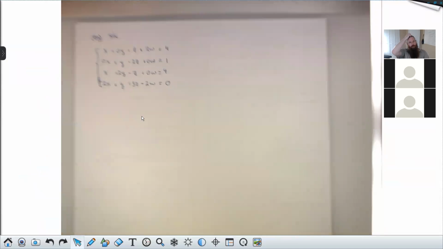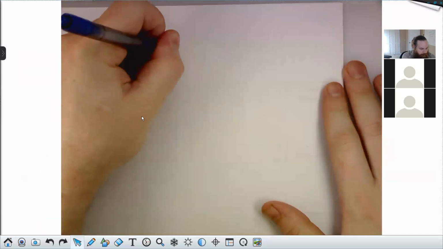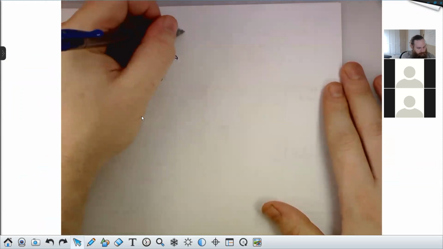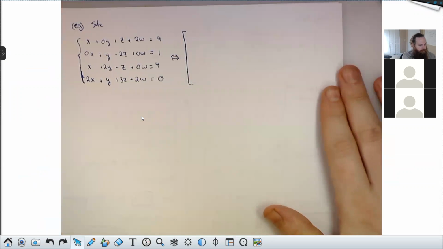And rather than trying to work in system land, I'm going to convert this to a 4x4 coefficient matrix augmented with this right-hand side. So it will be a 4x5 matrix.